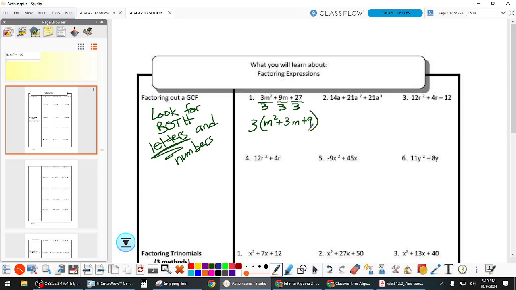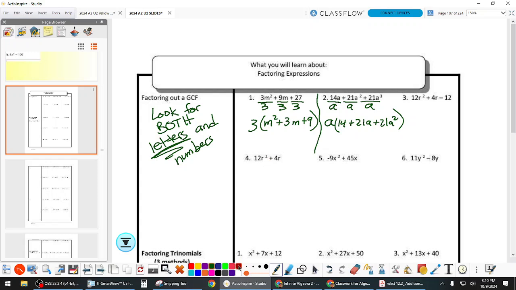Okay? If we look at this next one, it has a GCF of A. So I can divide an A out of each of these, but not a number. So I pull A out front and then get 14 plus 21A plus 21A squared. Right?